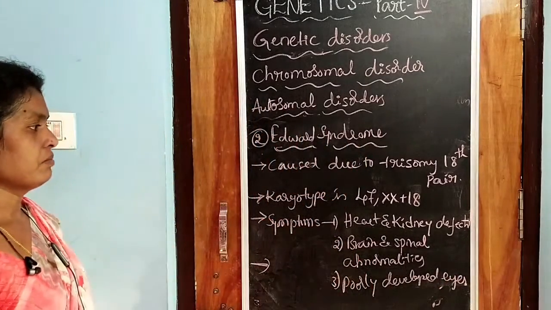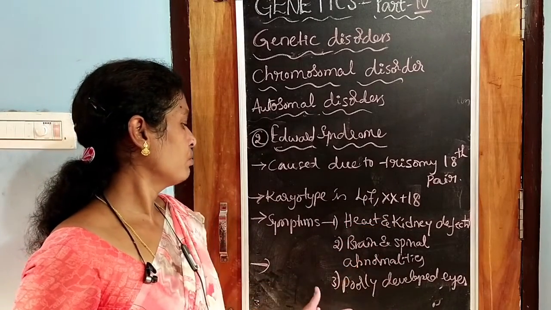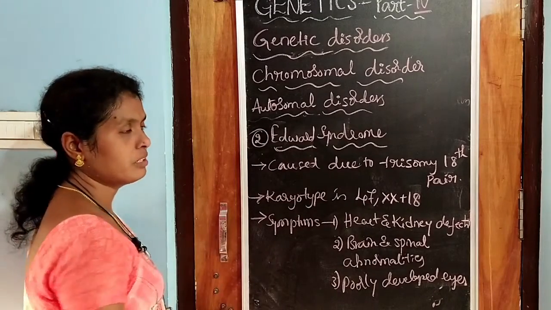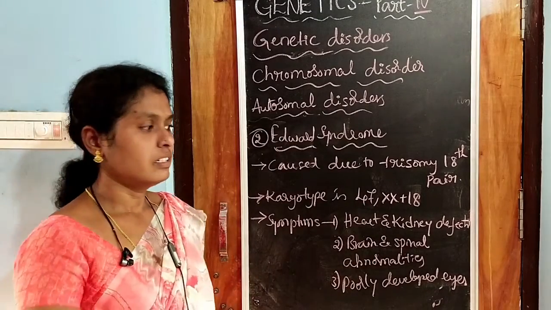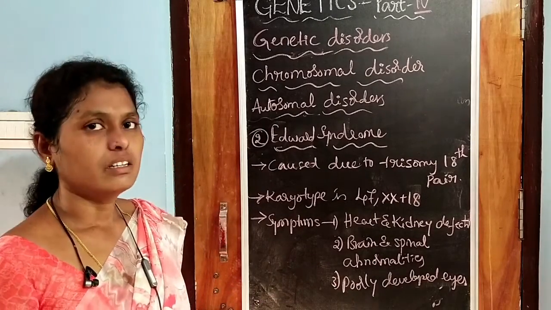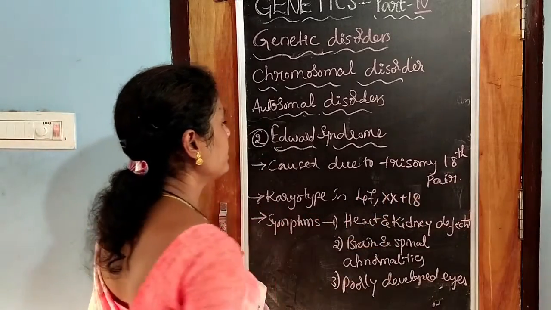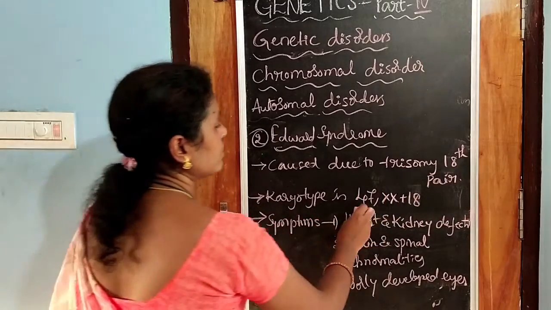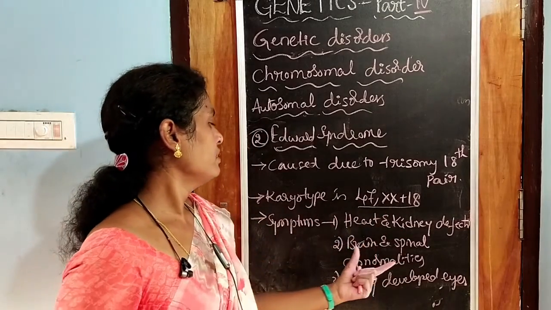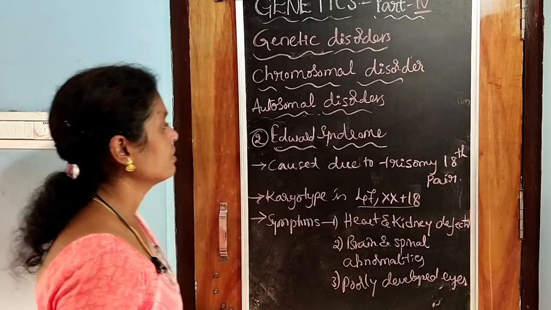The newborn baby dies within weeks after birth. So the symptoms are heart and kidney defects, brain and spinal abnormalities, and poorly developed eyes.